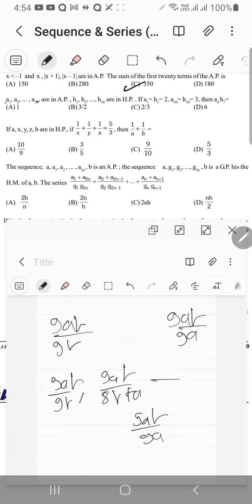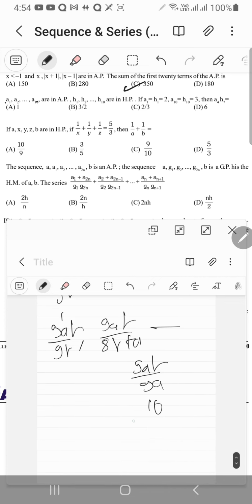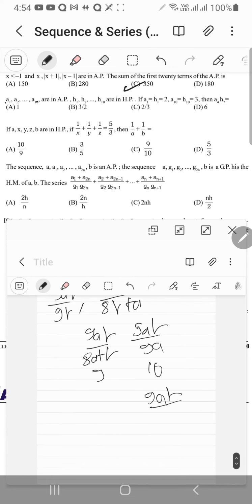And what do you want? So this is the first term, this is the 10th term. So you want h7. So h9 will be 9ab upon (8a plus b). I'll just go for 7 directly. So you could go 3 steps down.